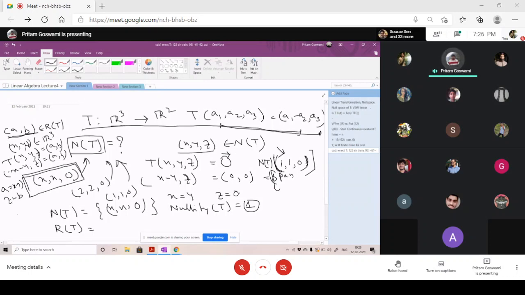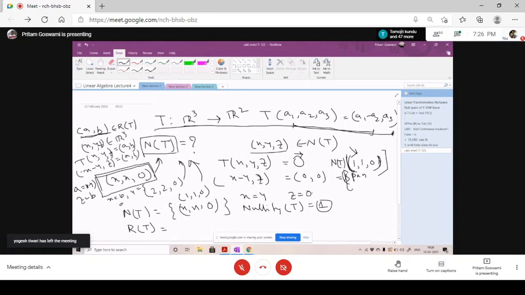If I give you any number, say 5, you can always get two numbers whose difference is 5, right? X is 10 and y is 5, then you get a equals x minus y equals 5. So for any a, you will find x and y such that a equals x minus y, and z is nothing but b.